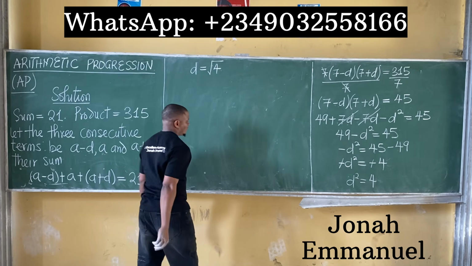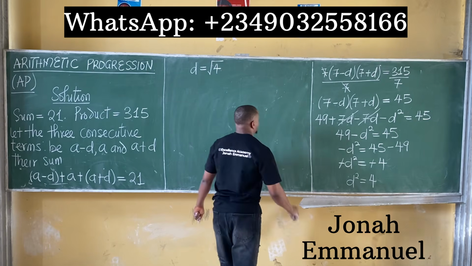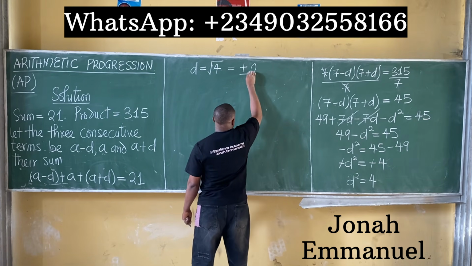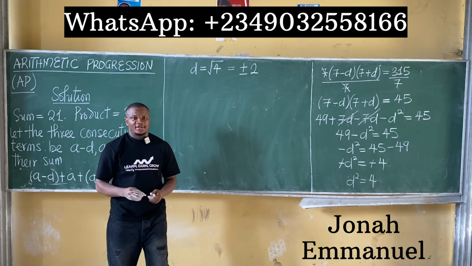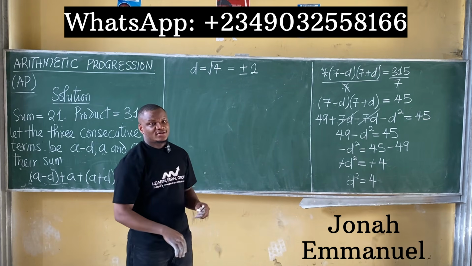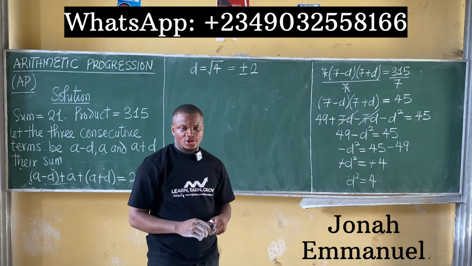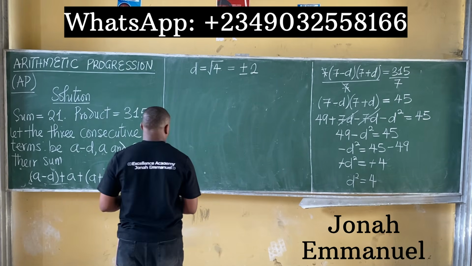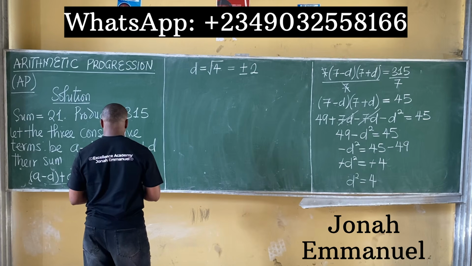And we know that the square root of 4 is equal to what there? Plus or minus 2. The square root of any term is equal to plus or minus its value. So it's not just plus 2, it could also be minus 2. So the value of d is equal to plus or minus 2.